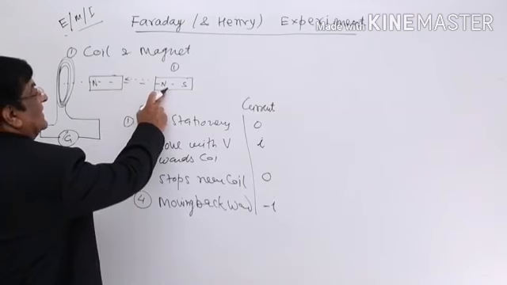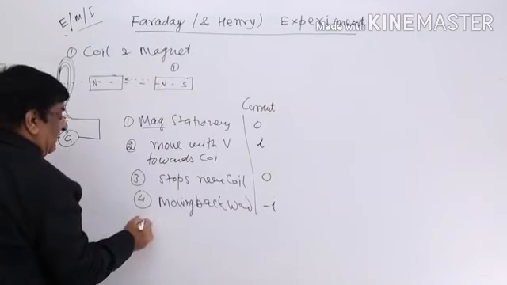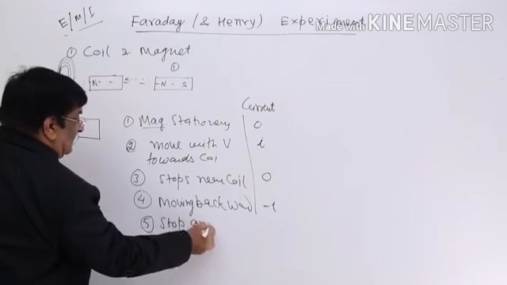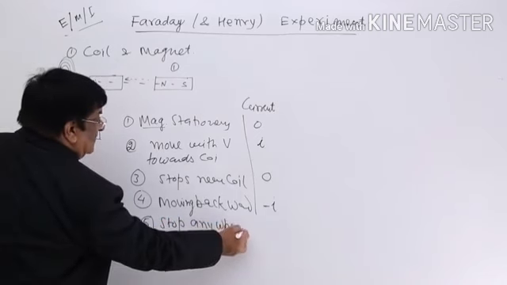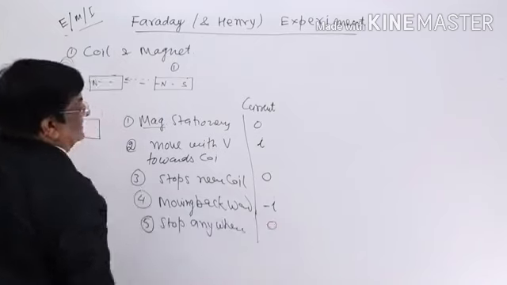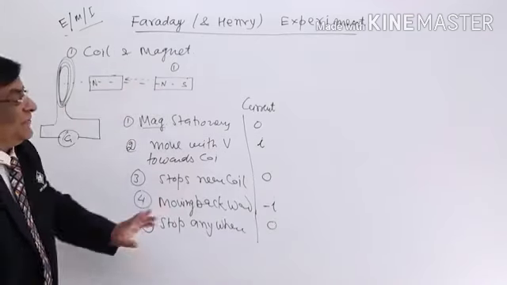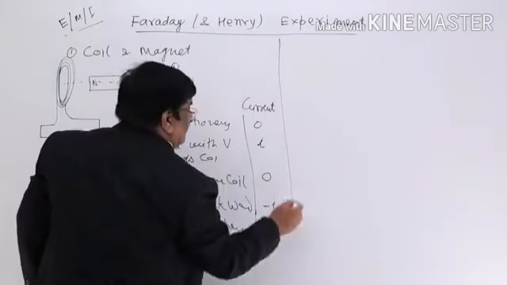Then we reach this place again and stop. Anywhere we stop, current is 0.